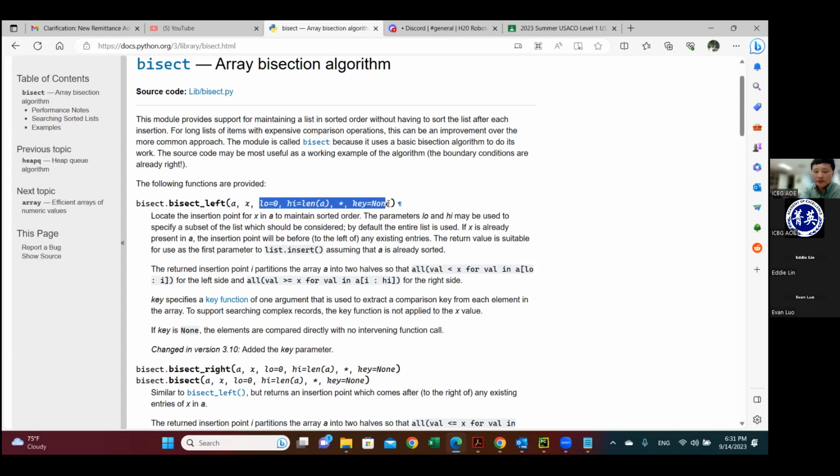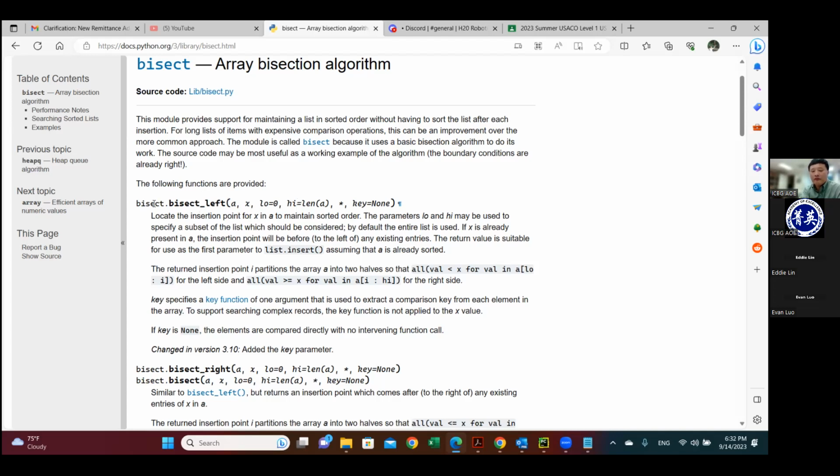It's optional, okay? If you wanted to use it, that's okay. You can use 0 and the length of the list, because by default the left-hand side, that's the low bound, will be 0, and then the right bound will be whatever the length is, the maximum index value plus 1.